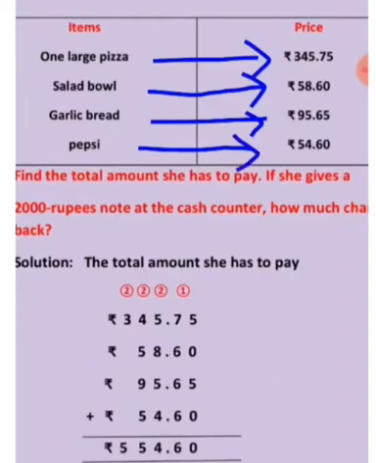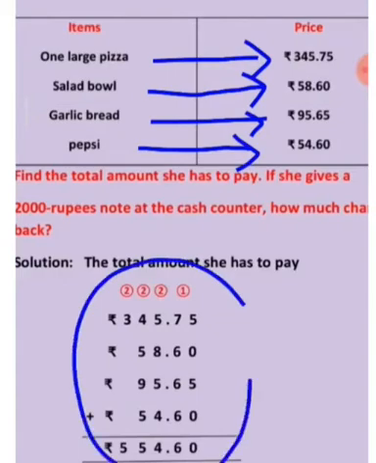So these 4 items she buys, and to find the amount she has to pay we have to add all these amounts. By adding all the numbers, you know how to do this type of addition of money. We got here rupees 554.60. That means 554 rupees 60 paise.